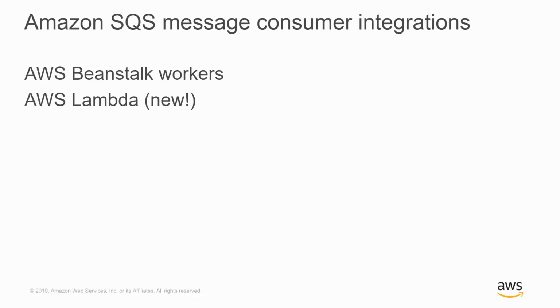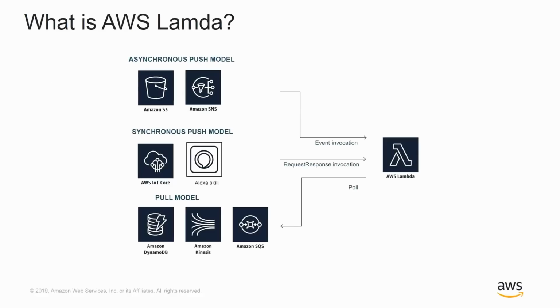And now the latest integration that we have on the consumer side is the integration with AWS Lambda, the serverless compute offering that we have. What's AWS Lambda? Well, you probably already know that. It's a very nifty service where you can write a small chunk of code, wrap it up, upload it to Lambda, and ask Lambda to execute the code for you based on provided input.